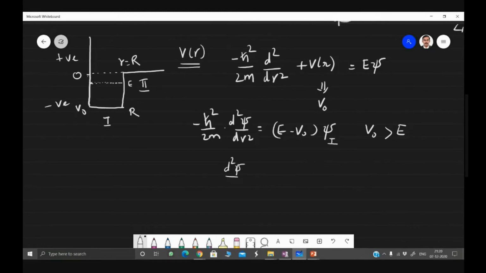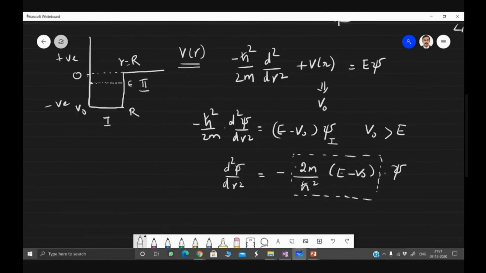And hence I just rewrite this term again, keeping only the differential equation d square psi by dr square on this side. So we have minus 2m by h cross square E minus V naught into, let us say, psi. Okay. Now let us consider only this term. So let us assume this factor 2m by h cross square E minus V naught.